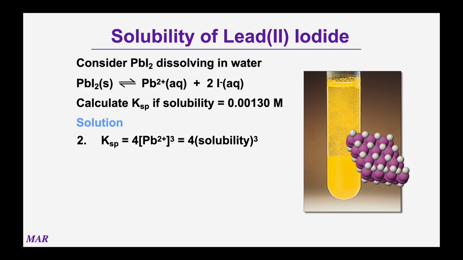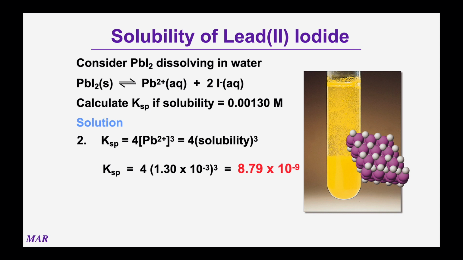Anyway, whichever way you do it, you can absolutely get the right value. Lead 2 plus, remember, was equal to the solubility. So you can rewrite 4 times lead 2 plus to the third power as 4 times the solubility to the third power. I'm going to do my problem this way. I'm going to take that solubility and cube it first and then multiply by 4, KSP 8.79 times 10 to the minus 9th.